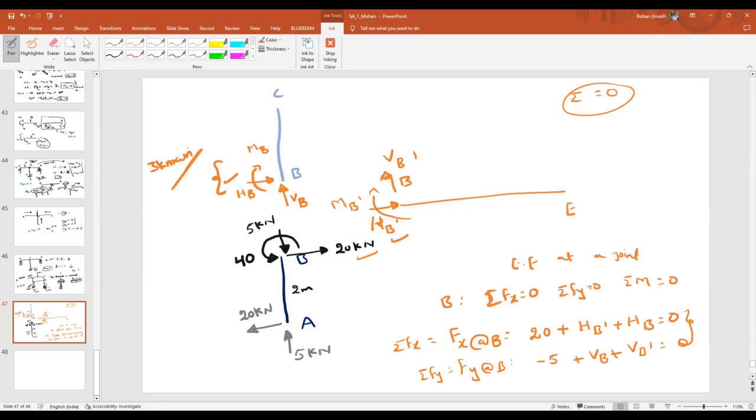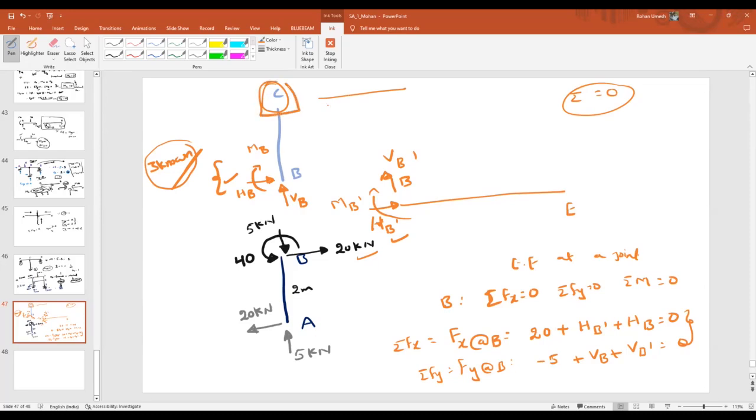Now keep these 3 aside. Let me come to here. If these 3 are known, and I write the equilibrium of member BC, can I find these 3 reactions? Imagine equilibrium in BC. Now these 3 are known, can I find this?